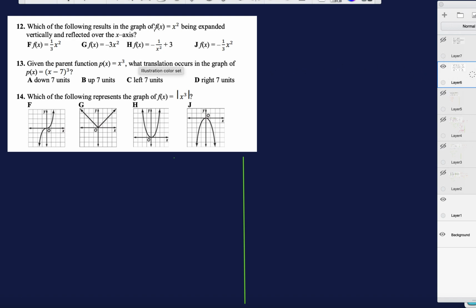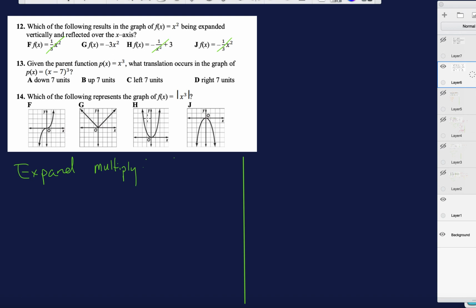All right, which of the following is the result of a graph being expanded? Expanded means we expand. Means multiply my function by something that's not fractional. All right? So really and truly, I could get rid of any of these things because they have fractions. All right?